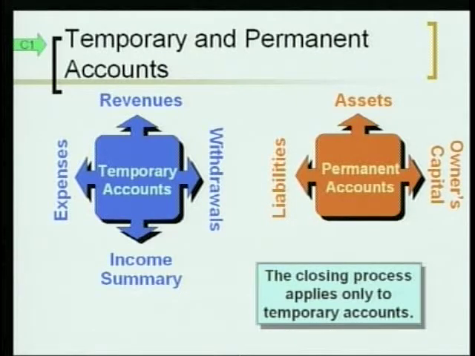That means we close those out. Another account that is temporary is owner withdrawals. We zero or close that out at the end of an accounting period. And then there's another account that you don't know yet, and we'll talk about it today, called income summary. And that is a temporary account that we close as well.